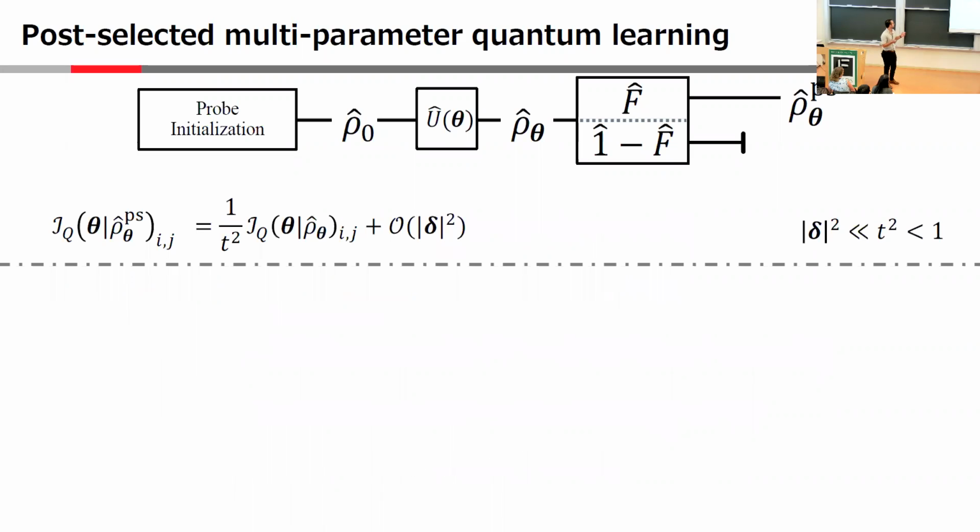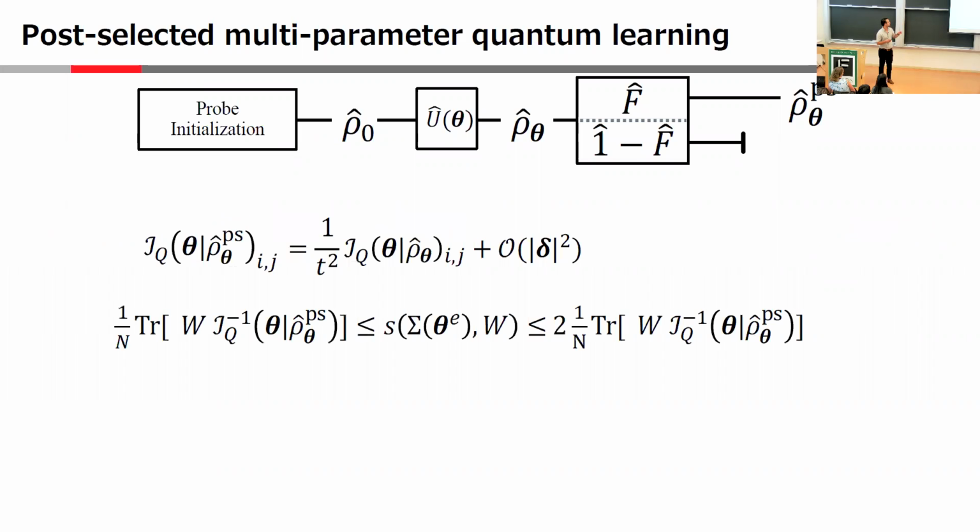So at the end, if we look at one specific element of the quantum Fisher information matrix, if we compare the quantum Fisher information matrix entry of the states that come out of the filter with the ones that go into the filter, they've been boosted by this 1 over t squared, and t squared was our transmission probability. So if that's small, then we boost this entry of the Fisher information matrix. And this f here didn't depend on which entry I wanted to boost. So in fact, this f is going to boost all of these entries uniformly.